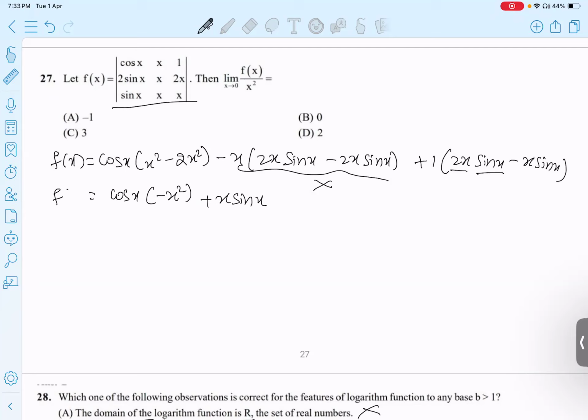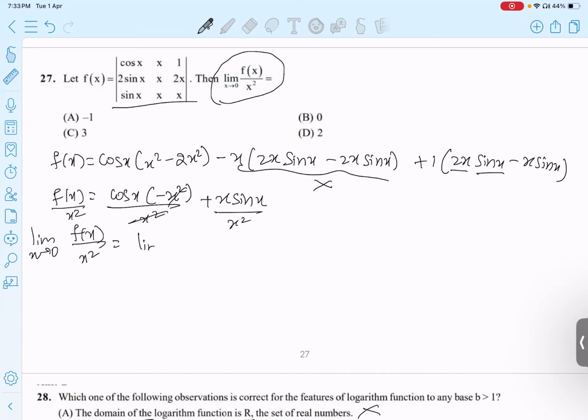So we simplified f of x. Then quickly apply the limit x tends to 0, f of x by x square. Students, if I divide by x square, these will cancel. We'll get only minus cos x plus, x will cancel, sin x by x. On applying the limit, it is minus cos 0 plus sin x by x.